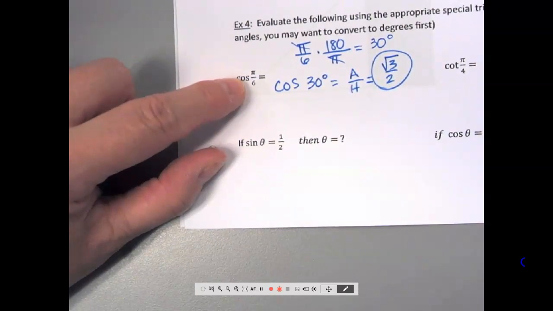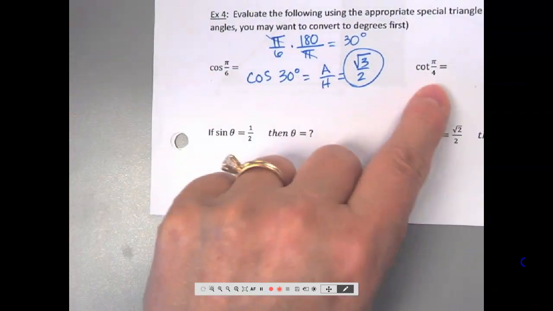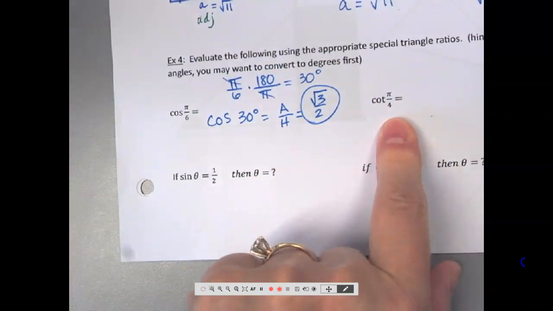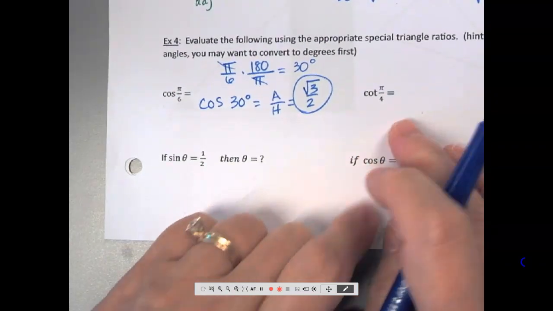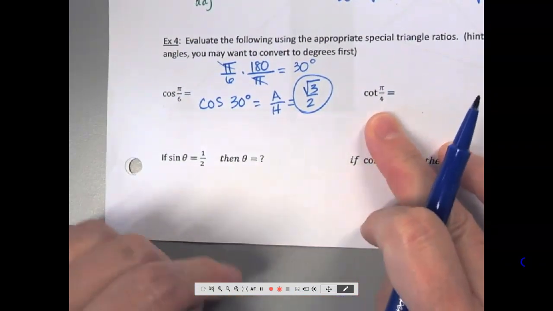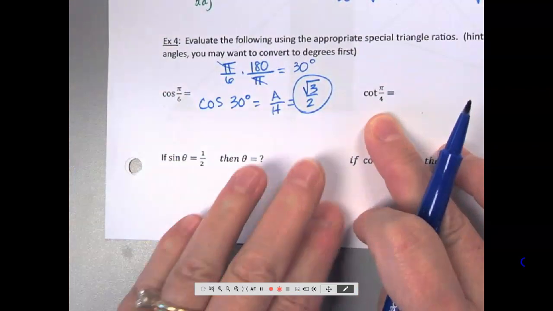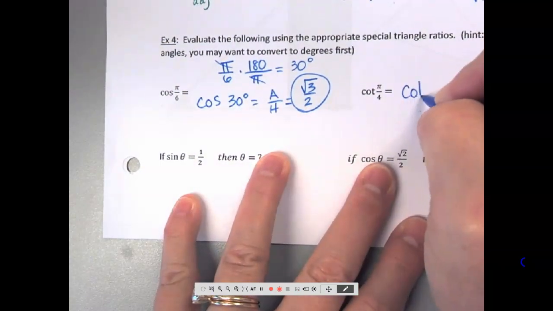You got it. Converted. Pretty cool? Let's try that on this one. Pi is the same as 180. So what's 180 divided by 4? 45. Look at that. We can already do some quick calculating. But if you're wondering what I'm talking about, then do your conversion. So cotangent 45.